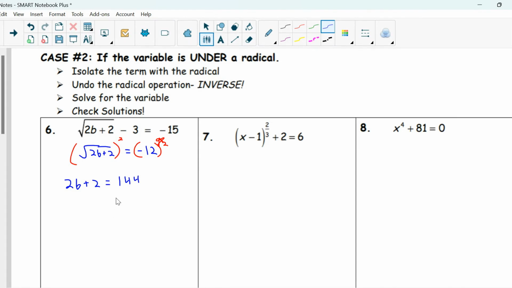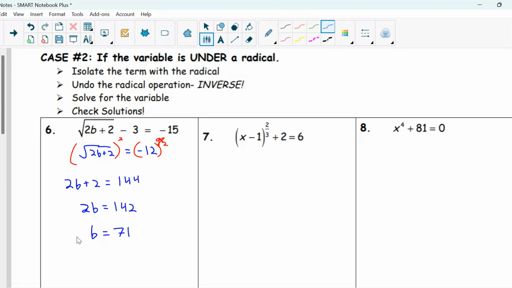So now at this point, this is quite an easy equation to solve. Subtract 2 from both sides. That'll give me 2b equals 142. Divide both sides by 2, and that's going to give me b equals 71.